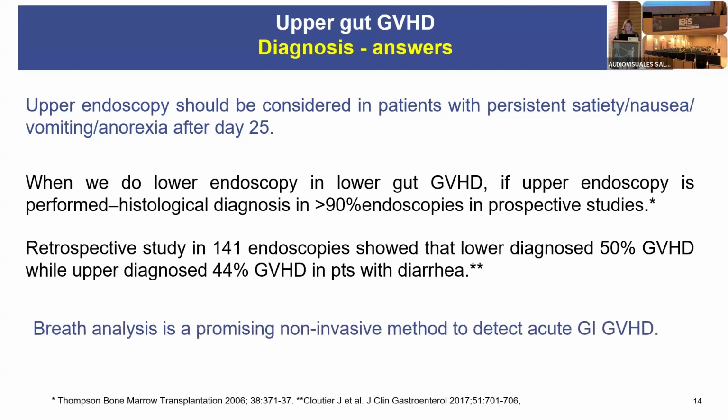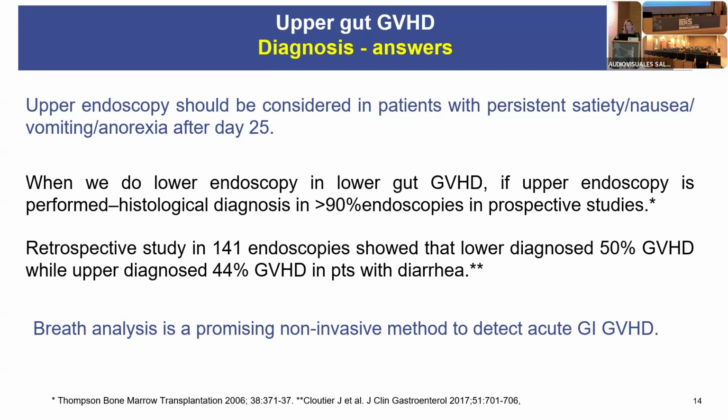There are some alternative methods, but what is even more important than histology itself is the endoscopic finding, which can be more impressive and can confirm the diagnosis, though histology is frequently negative.